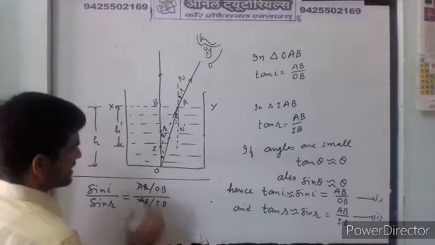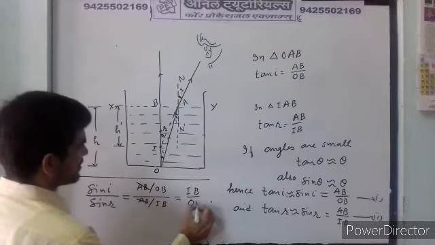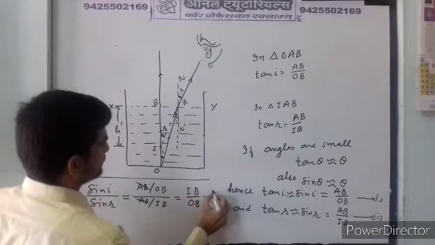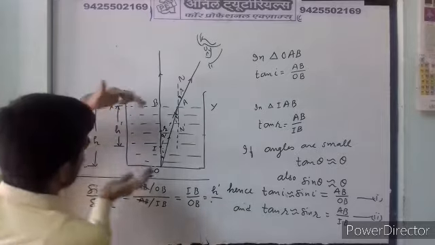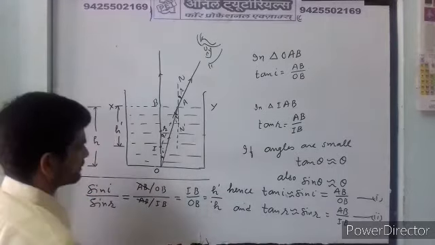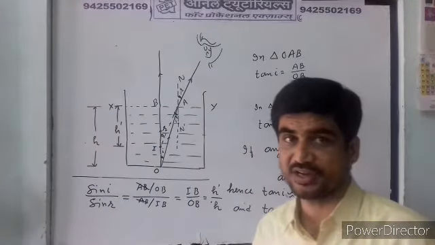So here AB will be cancelled out and we will get IB upon OB. IB is the apparent depth. And what about OB? OB is the actual depth. So this is the ratio of apparent depth to the actual depth.